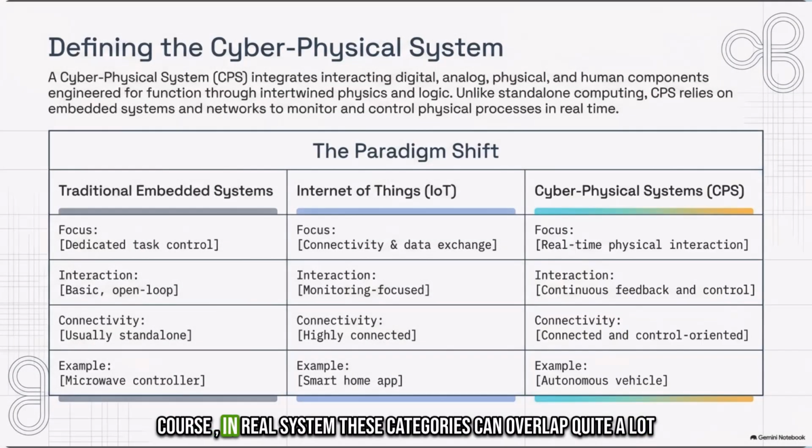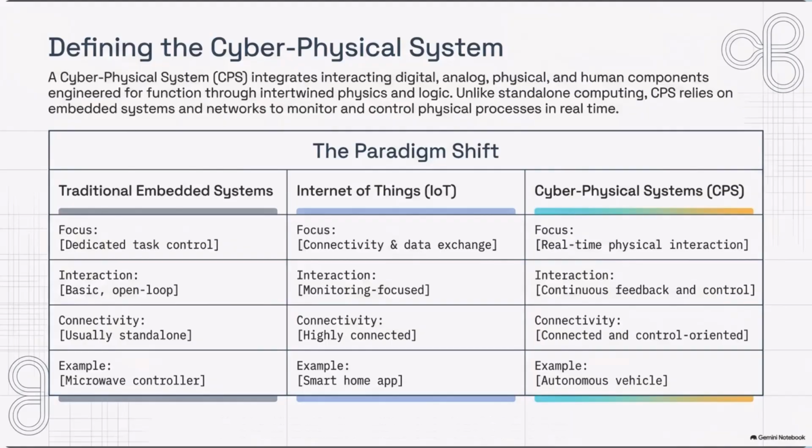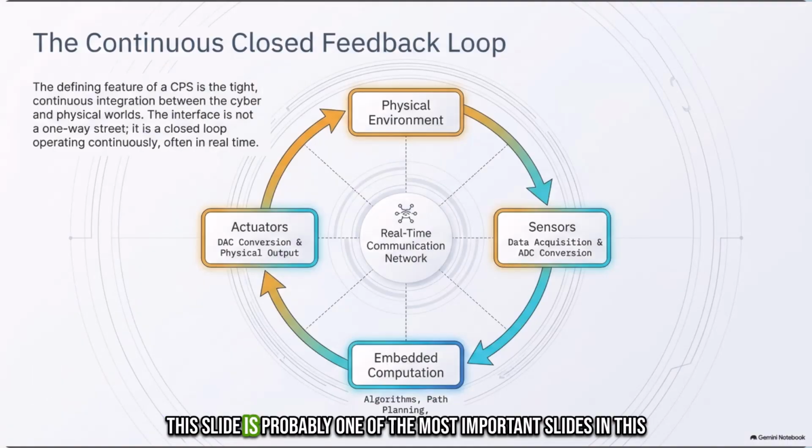So of course, in real systems, these categories can overlap quite a lot. So if I have a temperature sensor that only sends data to the cloud, is it necessarily a CPS kind of system?